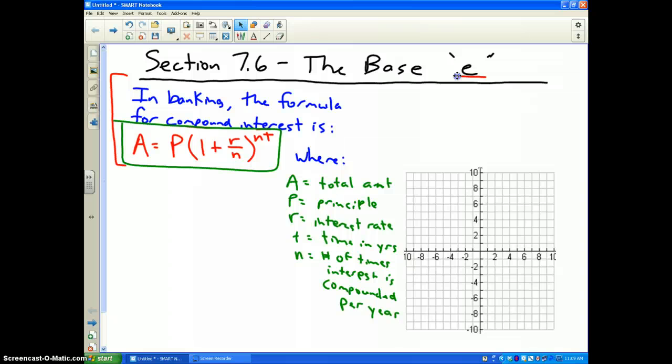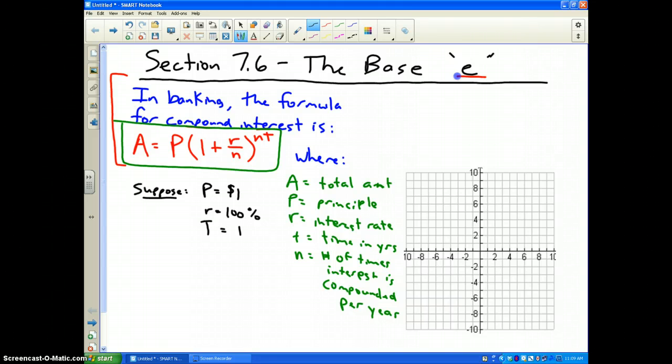Now, let us suppose that we take the basic situation into account, where your principal is $1, the interest rate is 100%, and T, the time in years, is 1 year. If I plug all these numbers into that formula, I get an equation that looks like this.